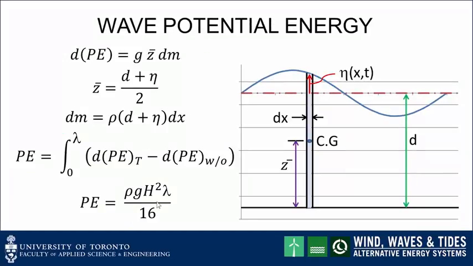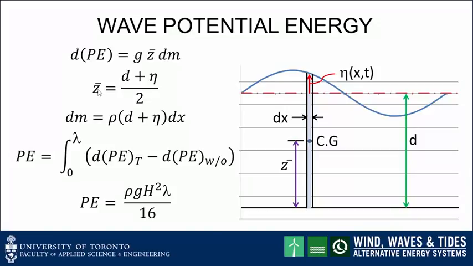We can find the potential energy of the wave in a similar fashion. We essentially consider a differential element and find the potential energy of that element. That's simply the acceleration of gravity g times a height times the mass.